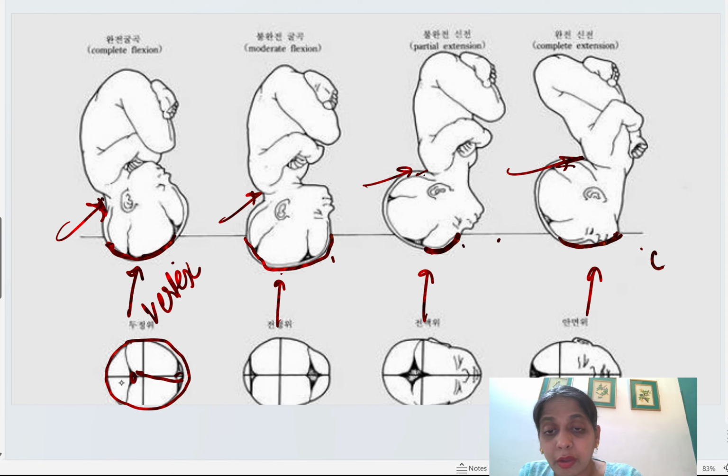So we will give a fixed bony point. If we are telling that it is left position, it means that fixed point is in the left position.